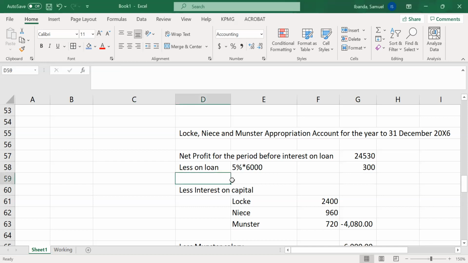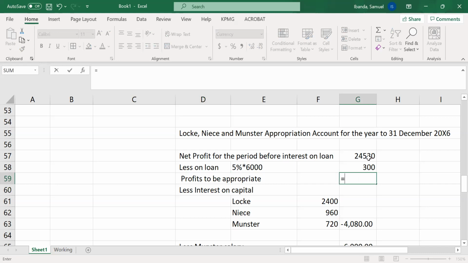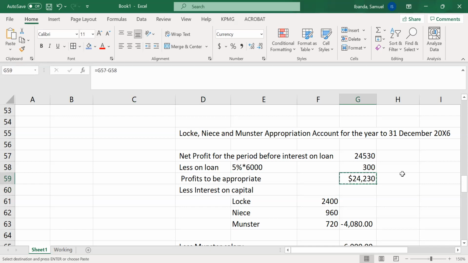Since this is already an appropriation account, let's call it profits to be appropriated. So when you get this minus this, it gives you this value. I'll then record it here.